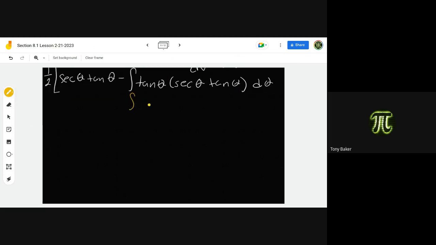So I've got the integral of secant theta tangent squared theta d theta.